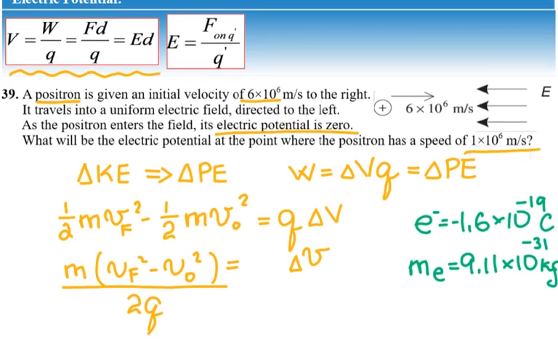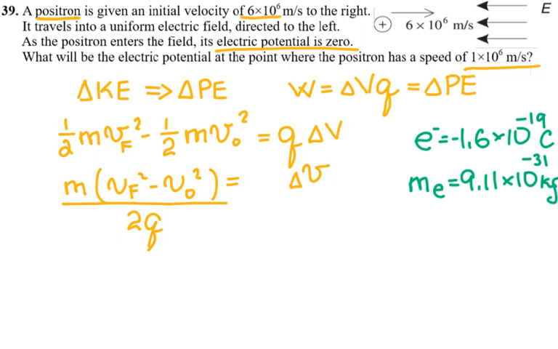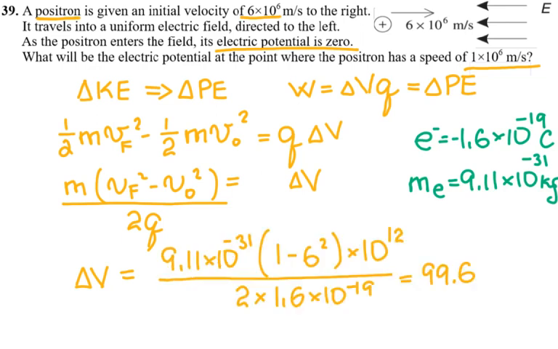Now if I plug in my numbers, I find that the change of voltage, or the potential difference, is 99.6 volts. I did not keep the negative sign, even though it appears when you subtract, because the electric field line goes from positive to negative.